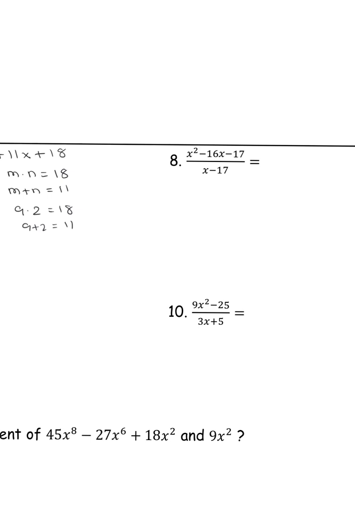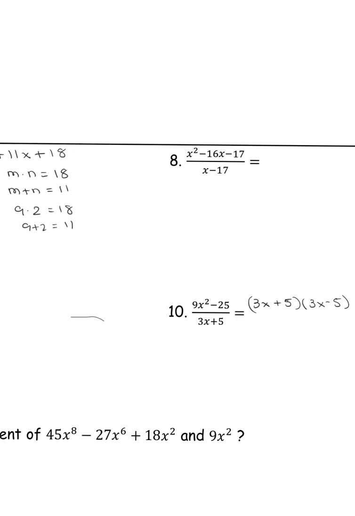So since we have two terms, we're now going to look at difference of squares. I can see here that 9 is a perfect square, x squared is a perfect square, and 25 is a perfect square. So factoring using our perfect squares, we have 3x plus 5 times 3x minus 5.